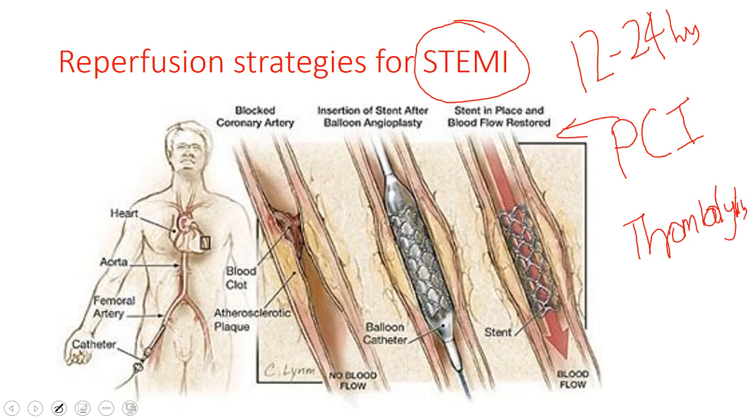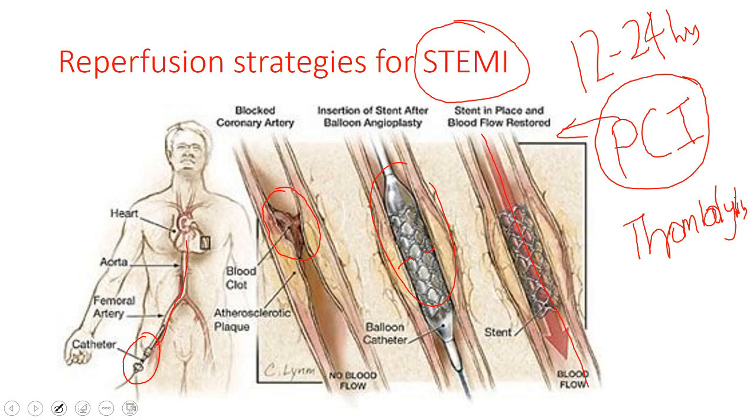Certainly, percutaneous coronary intervention is the best, which is carried out by inserting a stent through the femoral artery, and it will be taken to the site where you have the thrombus in the coronary artery, and it will be dilated, and then it reperfuses the distal tissue.